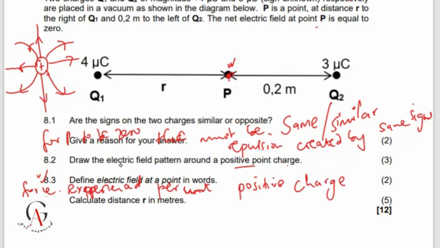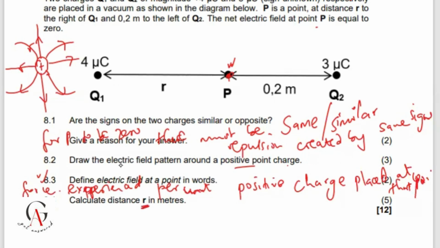It's the electric force or electrostatic force that is experienced per unit positive charge that is placed at that point of interest. Okay. Then 8.4, they want us to calculate the distance r.